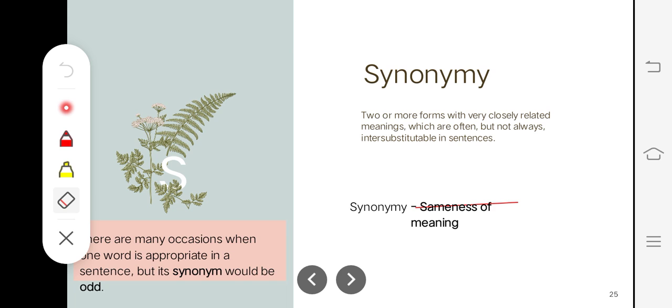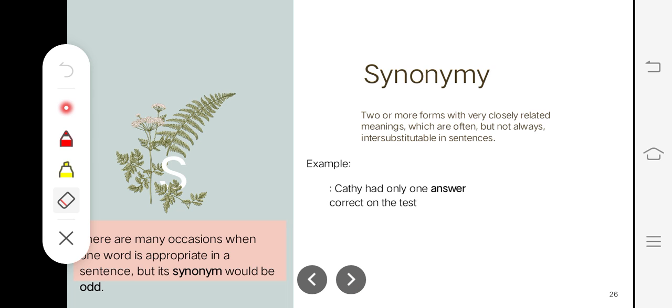There are many occasions when one word is appropriate in a sentence, but its synonym would be odd, like this example: Kathy had only one answer correct on the test.